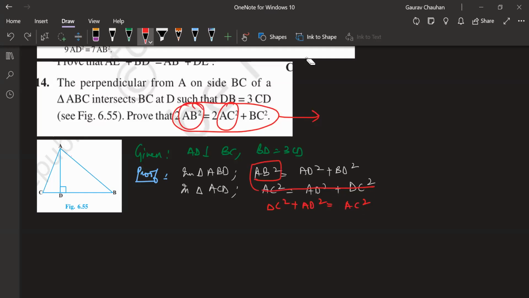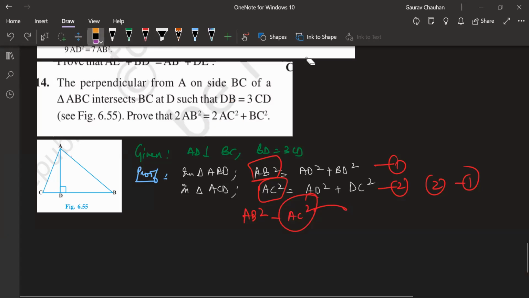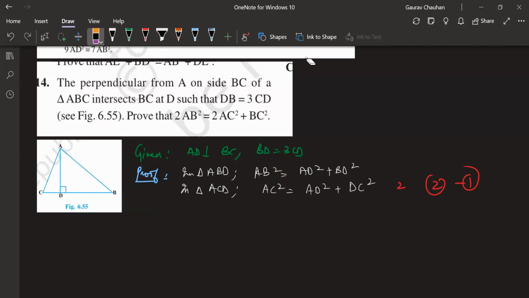Or alternatively, I can subtract equation 2 from equation 1. So if I subtract, I will get AB square minus AC square, then AC square will go to the other side. I'm going to do the subtraction part. That's just an idea. Let's see what happens going forward.